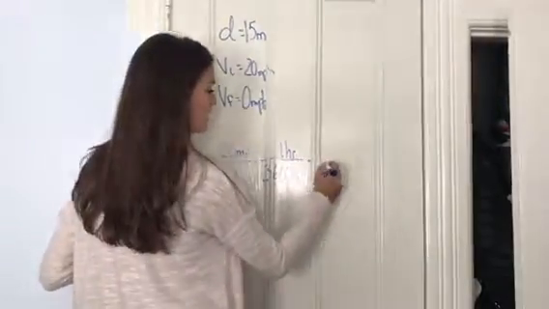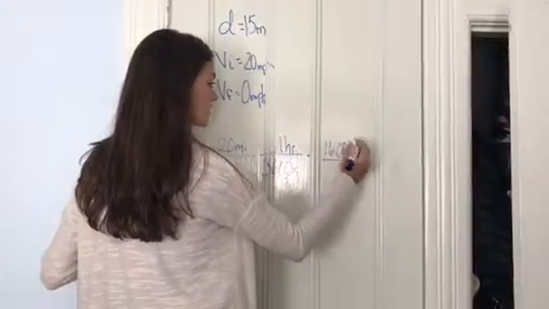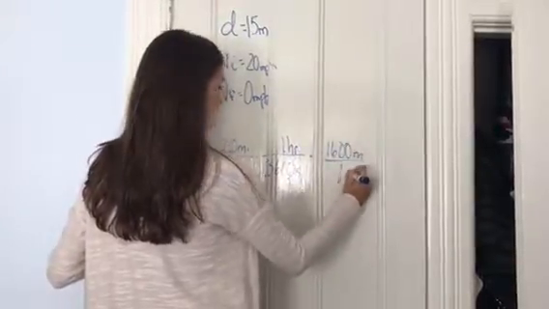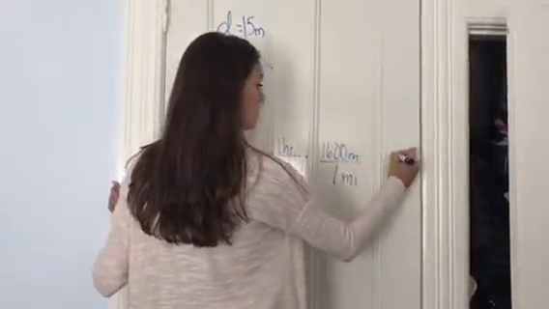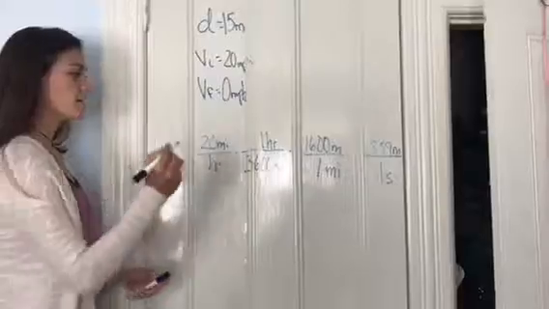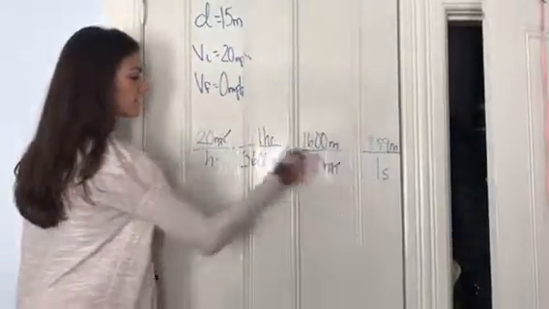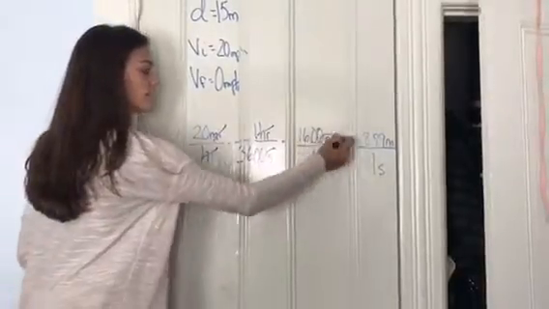Then we're going to multiply that by 1,600 meters over 1 mile to get meters per second, which is 8.89 meters per 1 second. The units cancel out, so the miles cancel and the hours cancel, so that we get seconds and meters left.